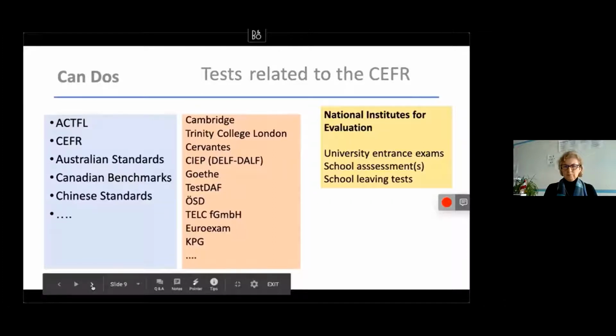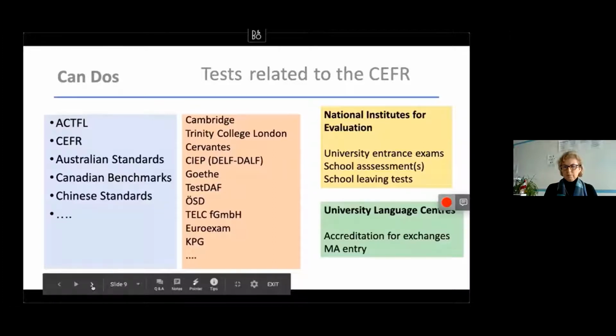research studies that have allowed comparability across these standards to make life easy for everybody trying to access one test in particular. If you want to access an actual test, you will soon be able to find out what CFR level that test is attesting.